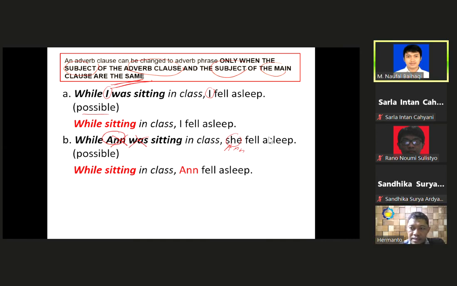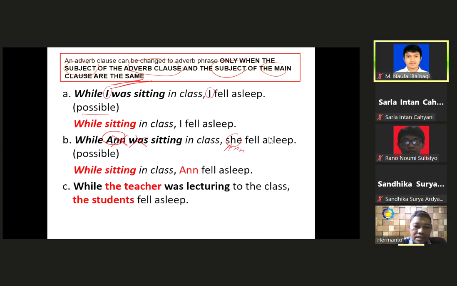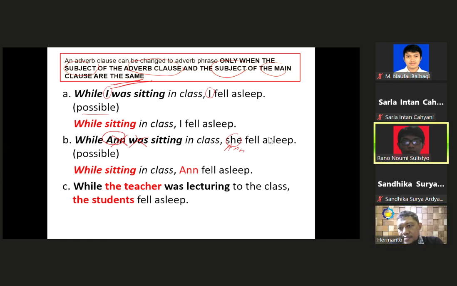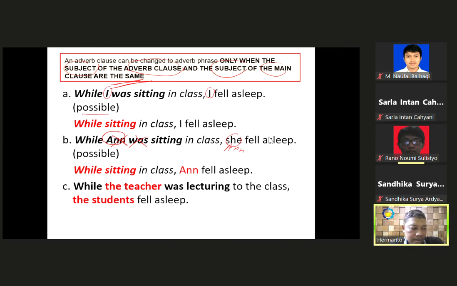Yes, sir. Okay, next. "While the teacher was lecturing to the class, the students fell asleep." Is it possible to happen? Yes, it's possible. But can we reduce this adverb clause to an adverb phrase? No. Why not?